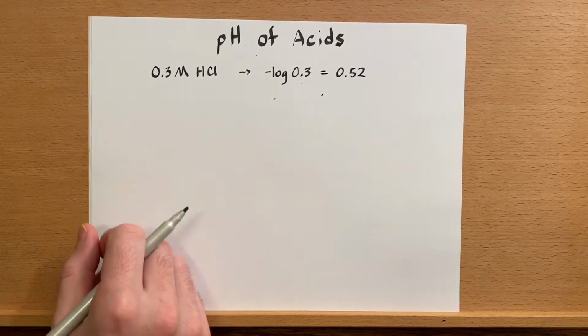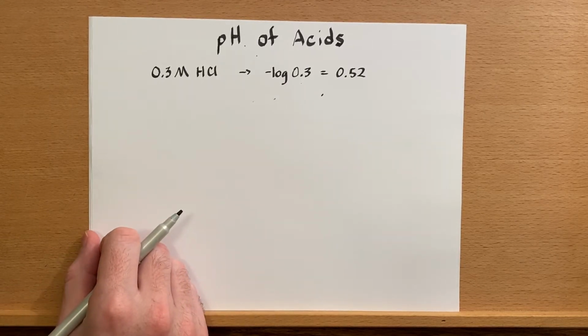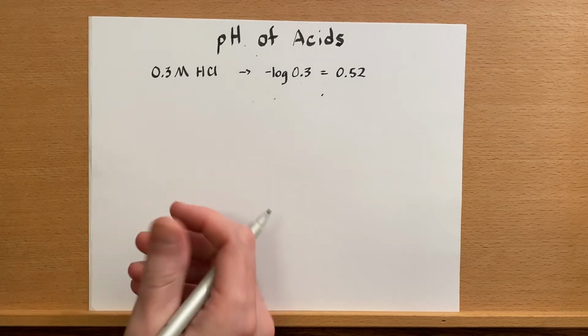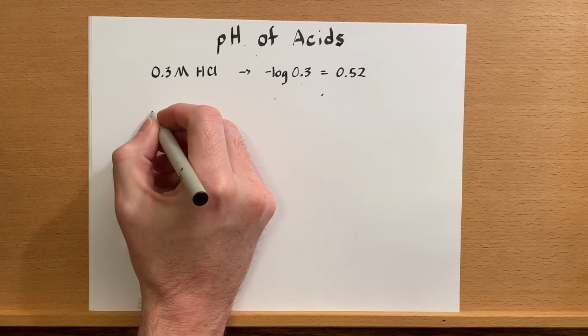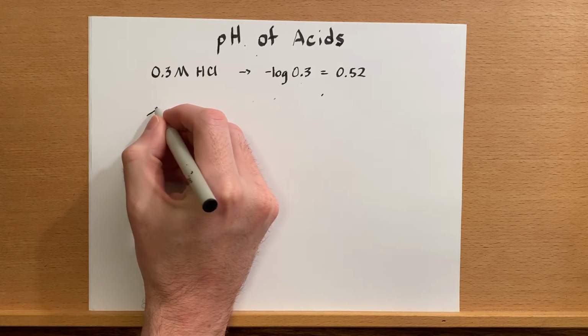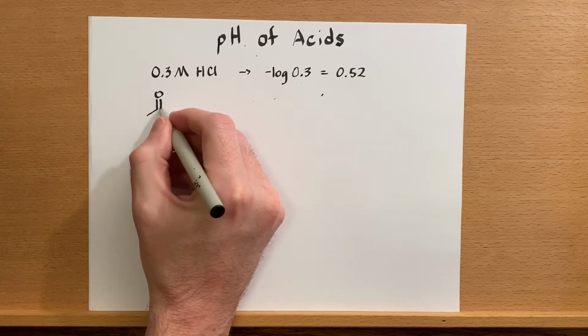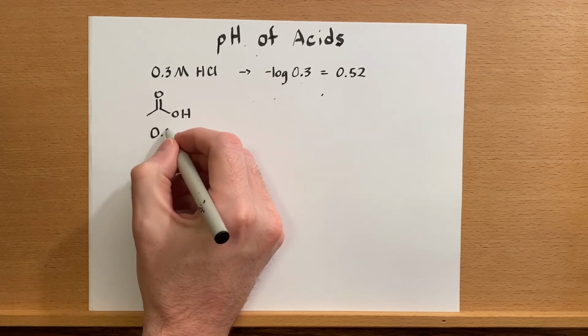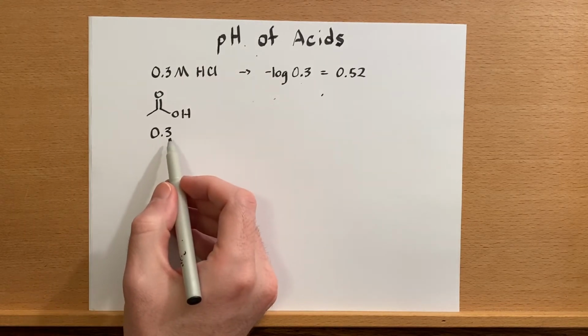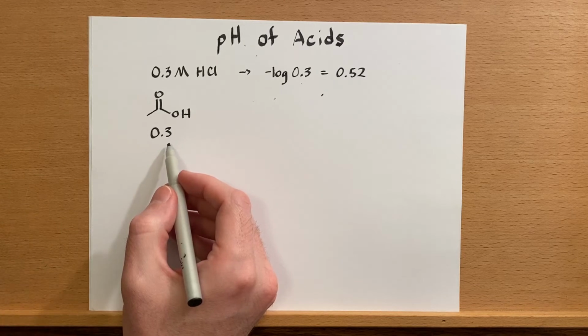Now, let's see what happens when we choose a weak acid, such as acetic acid. We'll use the same concentration, 0.3, but now we have a weak acid. Acetic acid. And we have 0.3 molar of this.